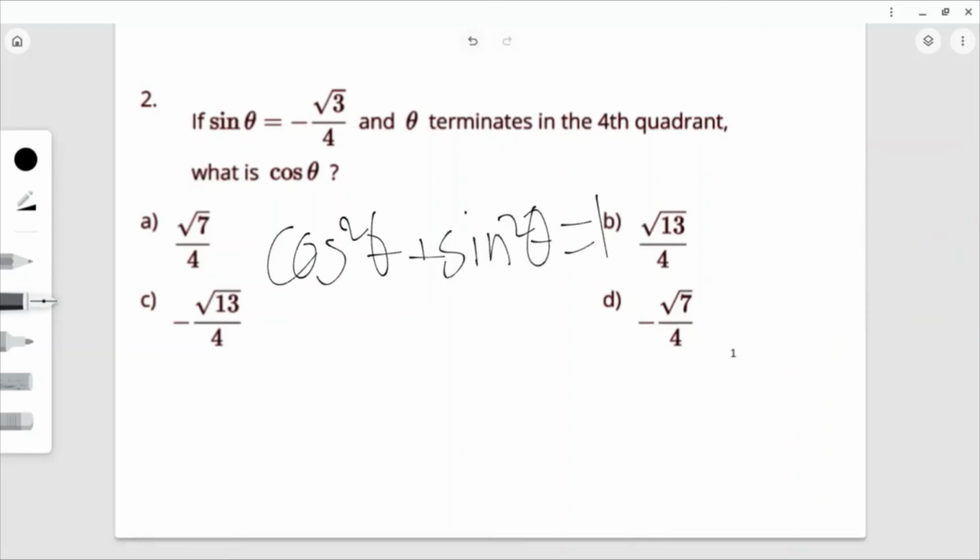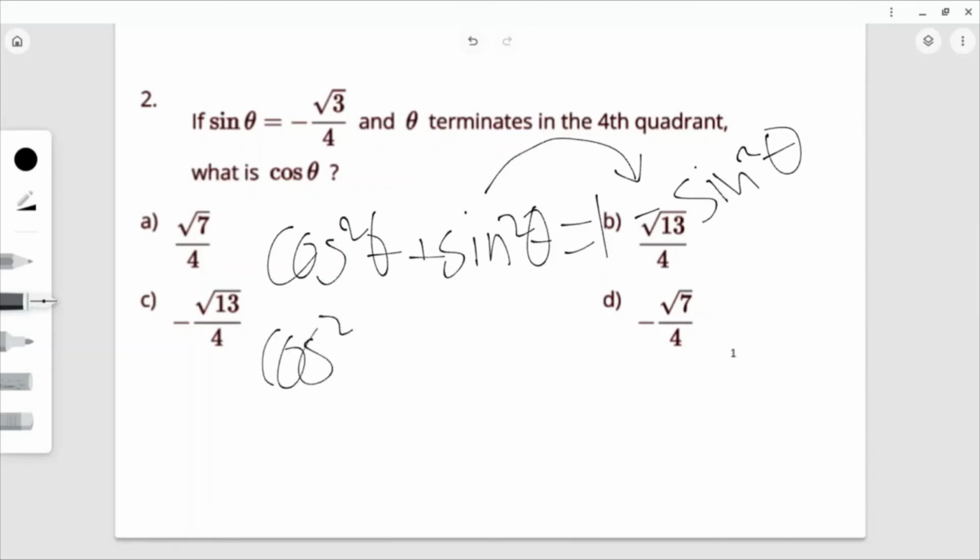In this case, we need to find cosine. So we're going to move sine to the other side. It's going to be cosine squared theta equals 1 minus sine squared theta. And now you're going to begin solving.